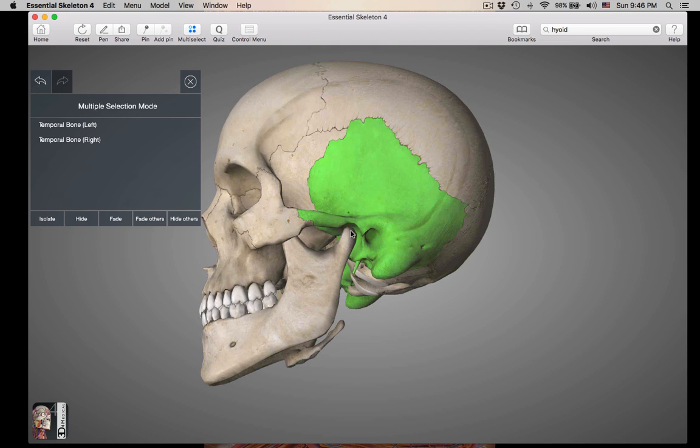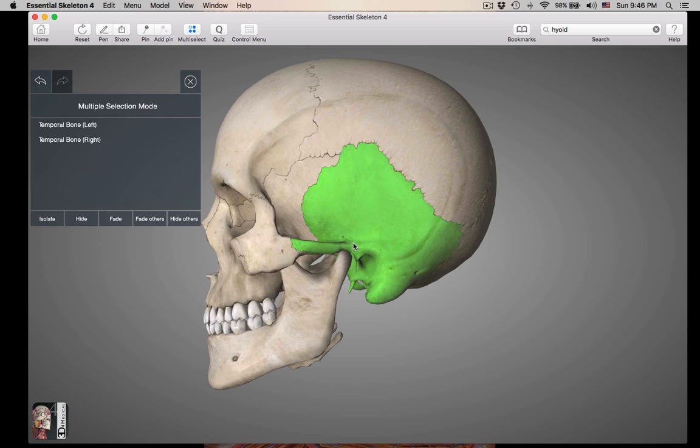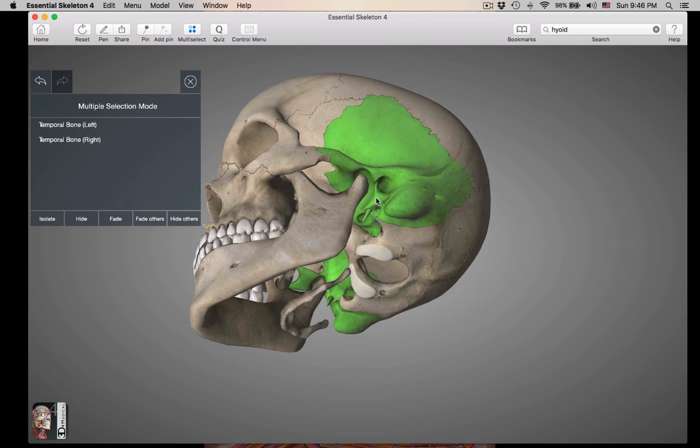And it's called the mandibular fossa because this bone, the mandible, is articulating with the temporal bone at this junction. So this is actually forming your temporomandibular joint, your TMJ. So there's going to be a mandibular fossa right in here.